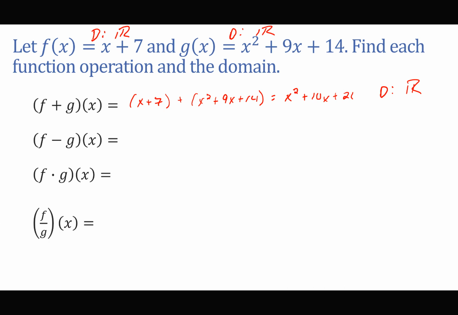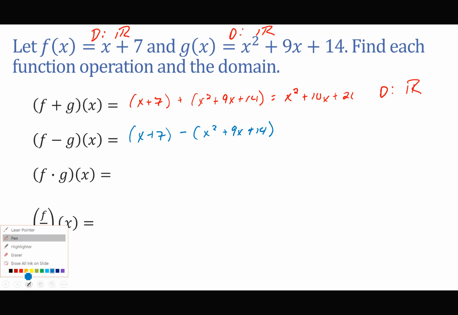Next one with subtraction. So that's why I say parentheses are often helpful on this. I have x plus 7, but then I'm subtracting x squared plus 9x plus 14.